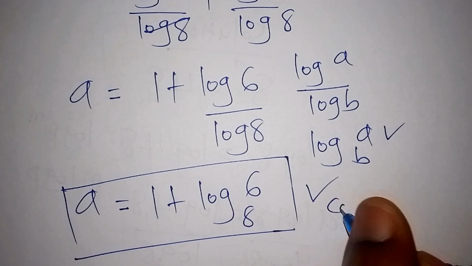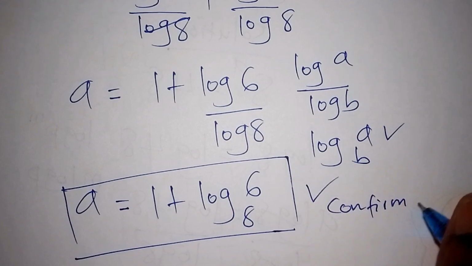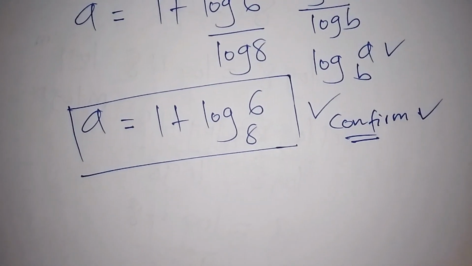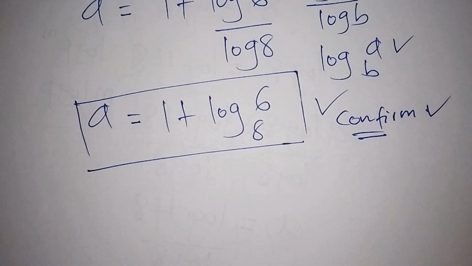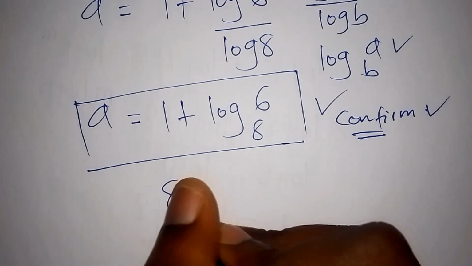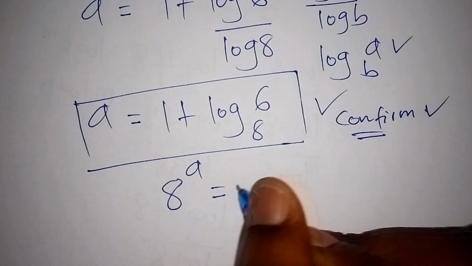Let's now confirm this answer and check if it is indeed the true answer for this maths problem. This is what we had: 8 to the power of A is equal to 48.